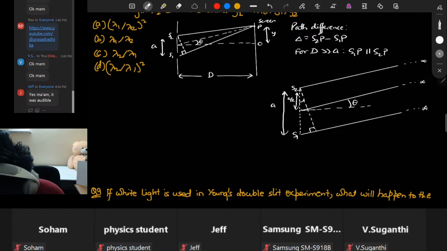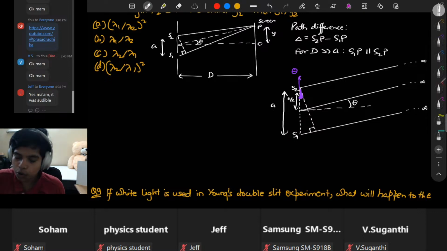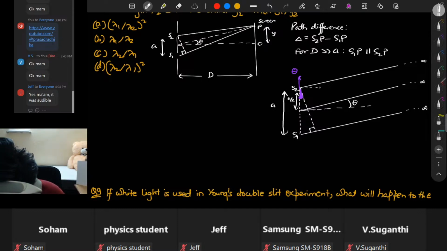Then this angle right here, let me draw it in a different color maybe, this purple angle is also theta. This is simple geometry. So basically, if I draw a horizontal over here, then this angle is also theta.